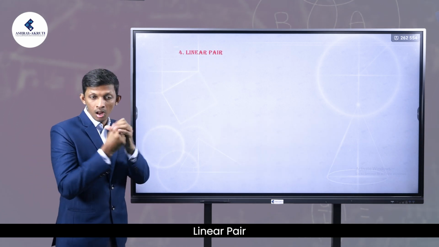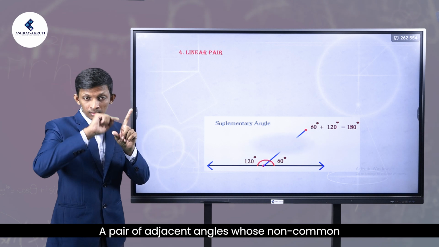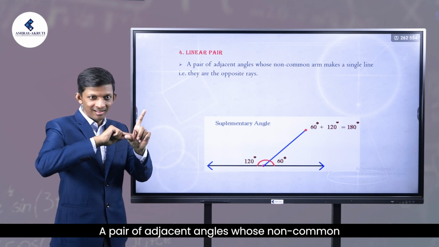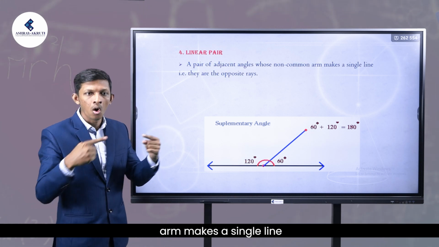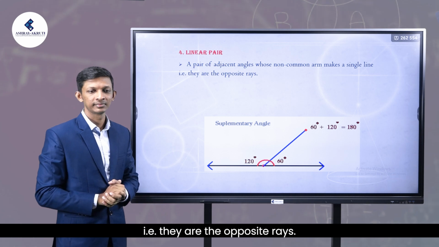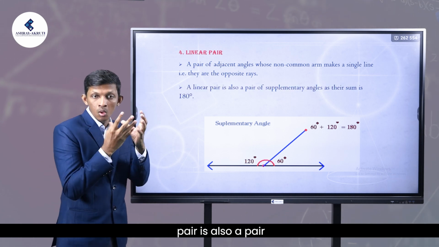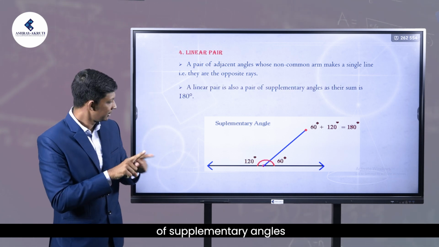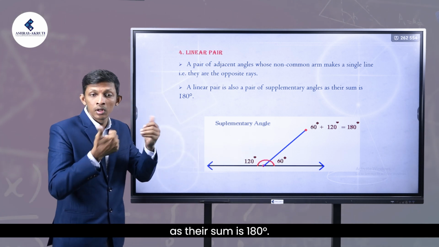Linear pair. A pair of adjacent angles whose non-common arms make a single line, that is, they are opposite rays. A linear pair is also a pair of supplementary angles as their sum is 180 degrees.